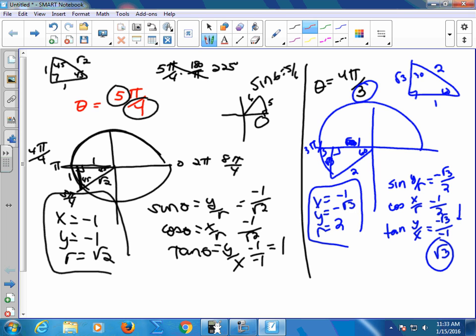All right, so I'm going to squeeze it right in here. Give me three values, sine, cosine, tangent, of 5 pi over 6, 4 pi over 3. Is that what we just did? Nope. Okay, 2 pi over 3, 7 pi over 4, and 4 pi.